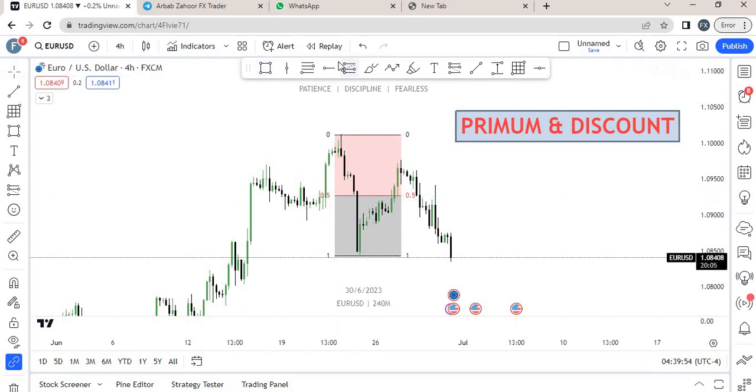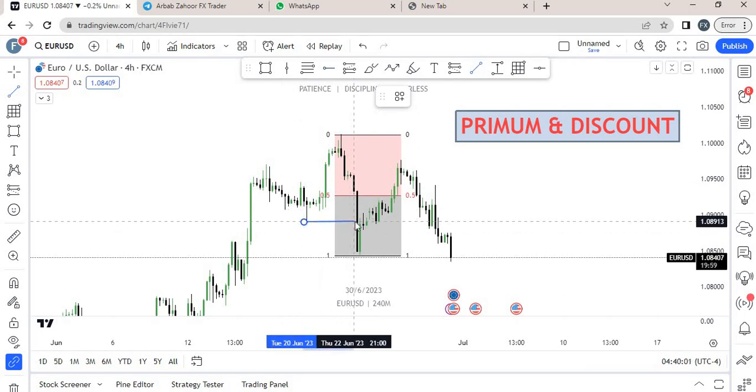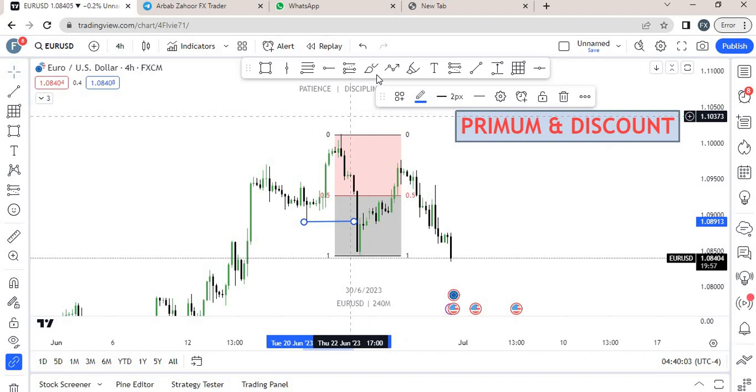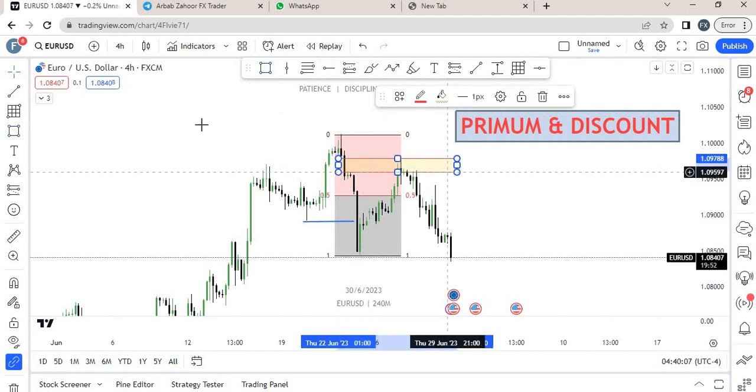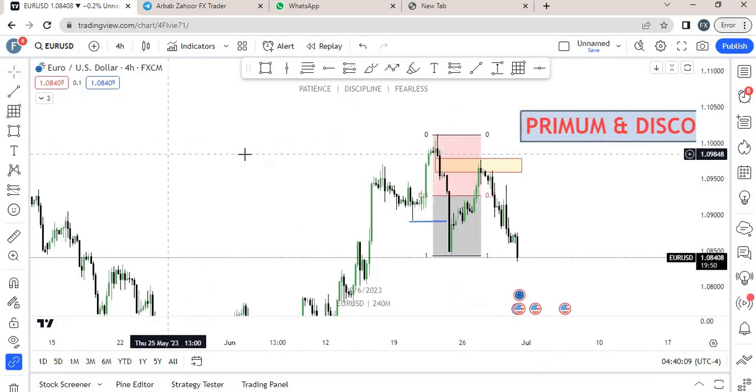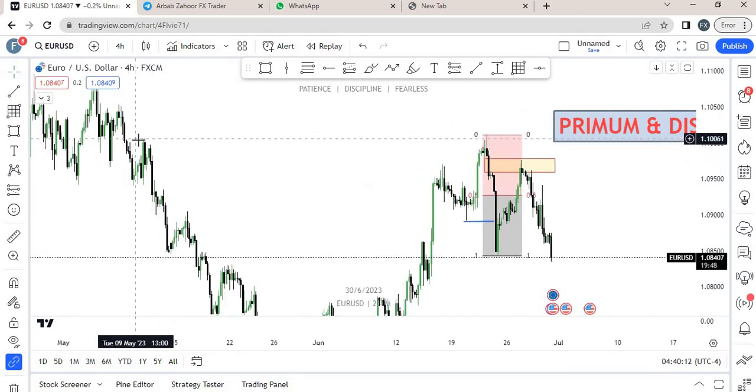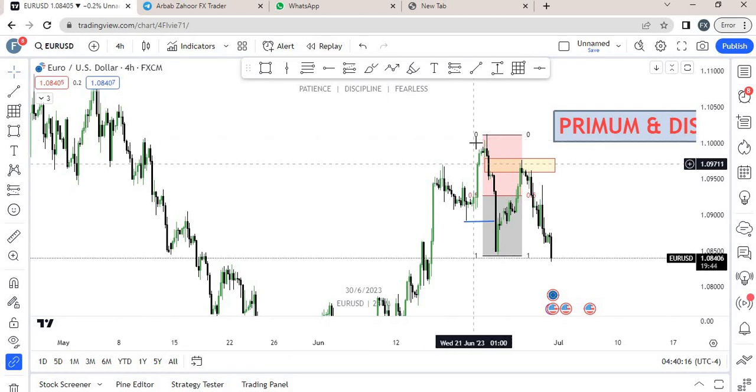Here you see price took out the liquidity, the first confluence. After that, you also mark out a fair value gap in the kill zone hours, after it took out this huge, almost 2-3 month old liquidity gap.